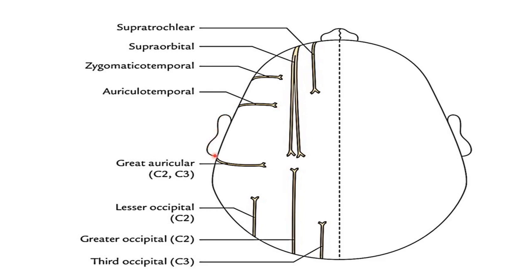Posterior to the auricle, we have the great auricular nerve, which is derived from the ventral rami of second and third cervical nerves. Next, we have the lesser occipital nerve, which is derived from the ventral ramus of the second cervical nerve.